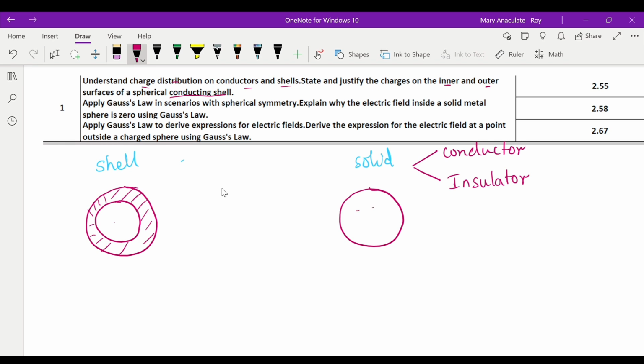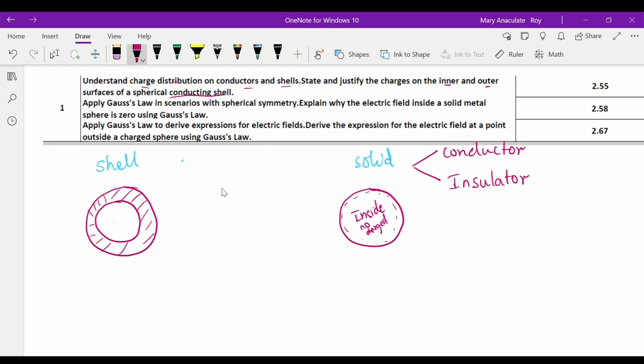So you will not have any charged particles or charged ions inside the solid, right? You will have it only on the surface, be it negative or positive. You'll have it on the surface of the solid, but inside it is neutral.